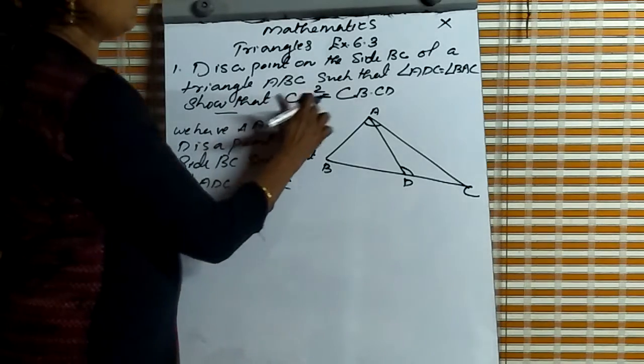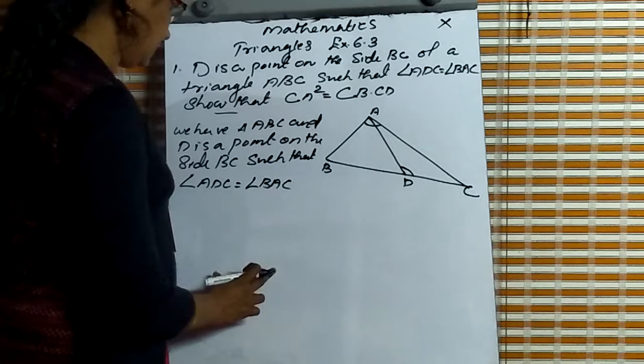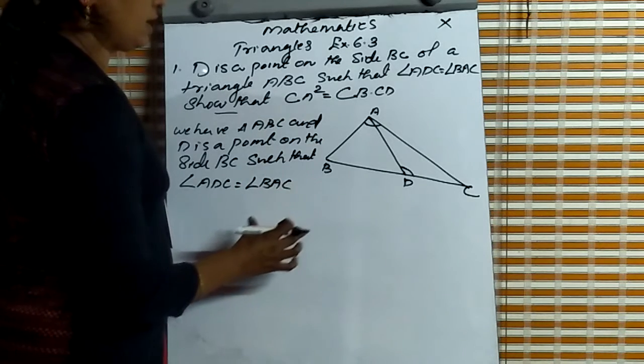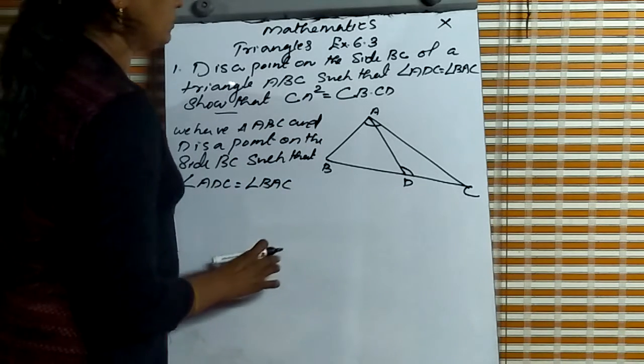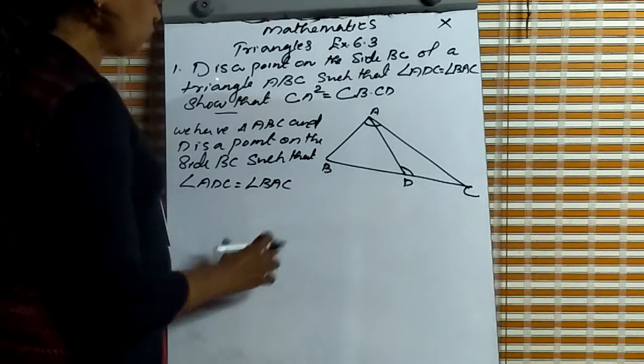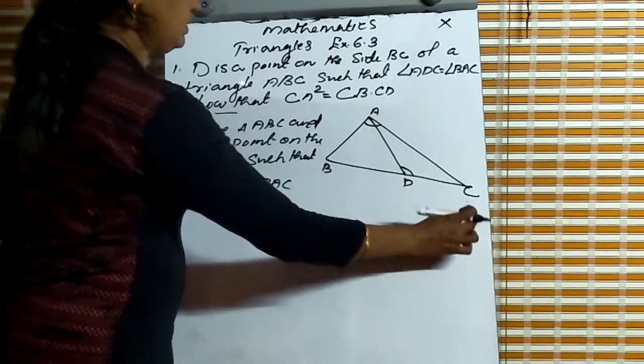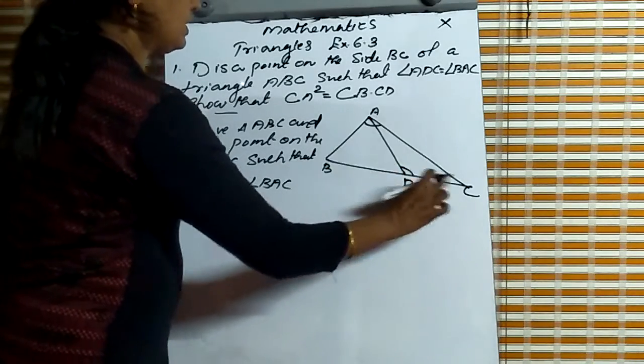To prove CA square is equal to CB into CD, we take two triangles and its corresponding parts are equal. Which are the two triangles here? First one is BAC and next is ADC.